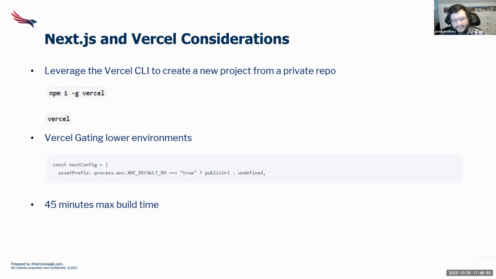You have to run those commands from your headless application, and then follow the on-screen instructions and create a new project. And we have one project per environment because you are allowed custom URLs per production slot of each environment.